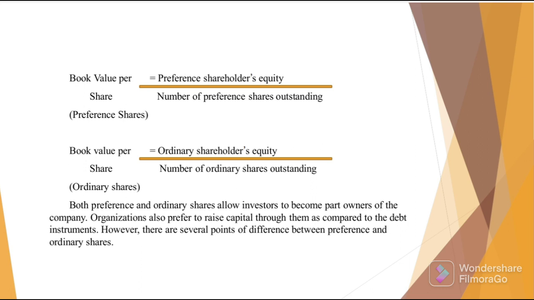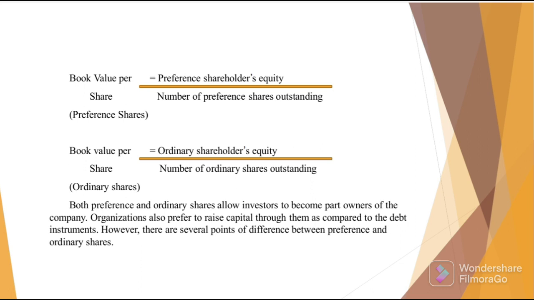While for ordinary shares, book value per share equals ordinary shareholders equity divided by number of ordinary shares outstanding.